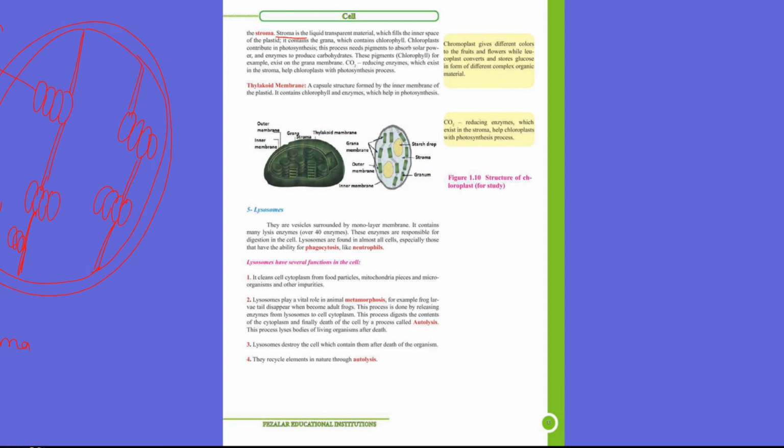It contains grana, which contain chlorophyll, meaning green color, a pigment which gives color to the leaves of plants, especially located in the membranes of grana, and they give green color to different parts of plant. And we are going to call this membrane of grana, which contains the chlorophyll material which gives green color, the thylakoid membrane.